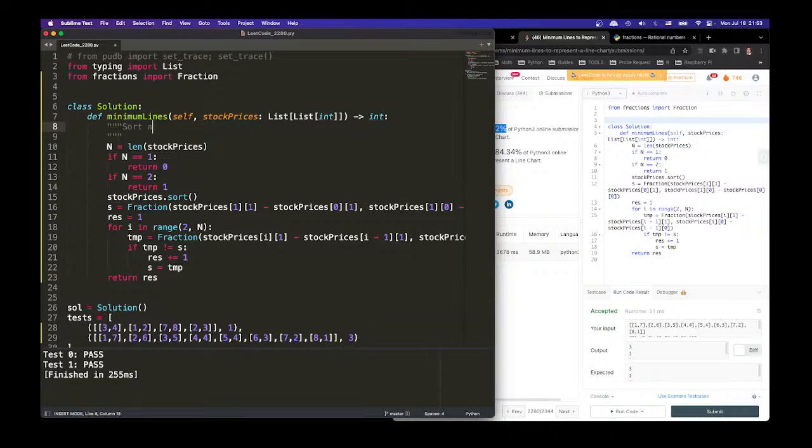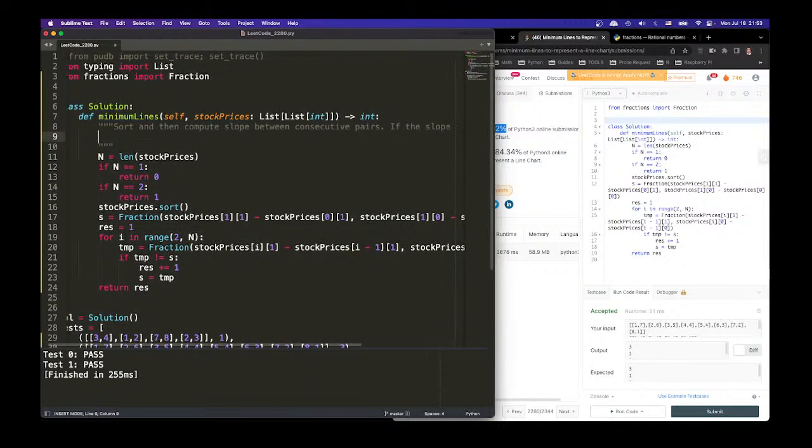Sort, and then compute pairwise consecutive pair. Compute slope between consecutive pairs. If the slope is the same as previous, we are on the same line.